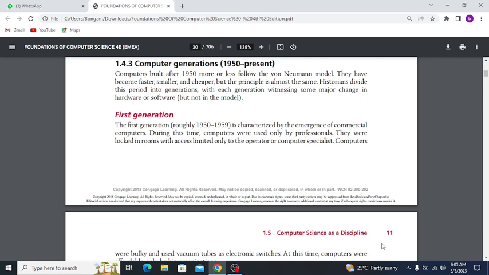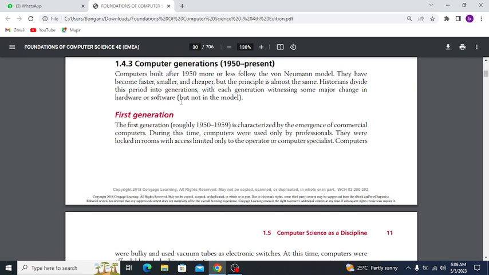The hardware has changed, but the computer's functionality is still the same: you have input, output, and in between the CPU, the place where you calculate your algorithm. The pieces of software and hardware still follow the same principle of the von Neumann model.